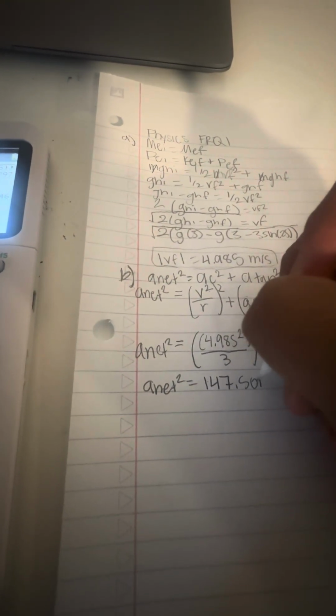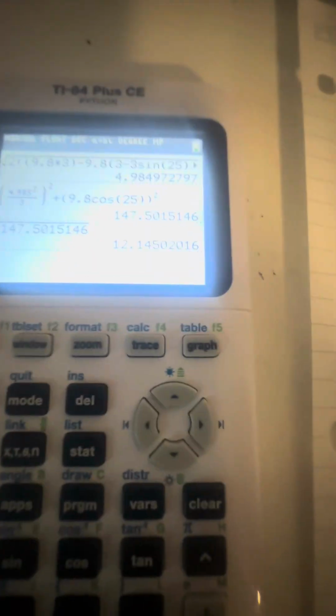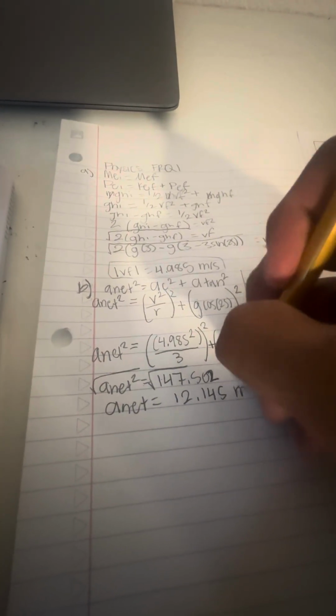So A net squared is equal to 147.502. Now we square root both sides. And A net is equal to 12.145. So A net is equal to 12.145 meters per second squared. And since we're looking for the magnitude, we don't need a direction.